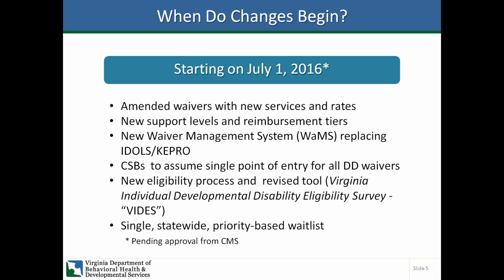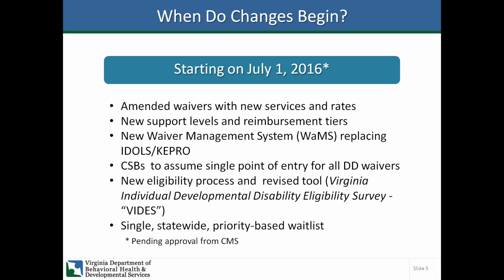There will be a new waiver management system replacing both IDLES and KeyPro as the means to authorize services, as well as to manage slots. The CSBs will assume their role as single point of entry for all of the DD waivers.